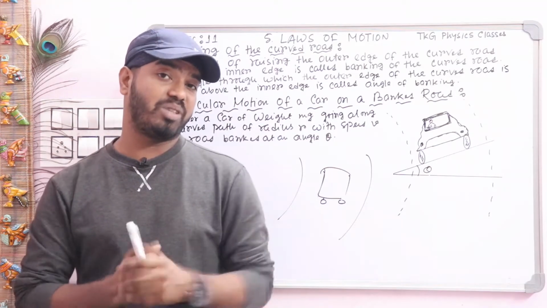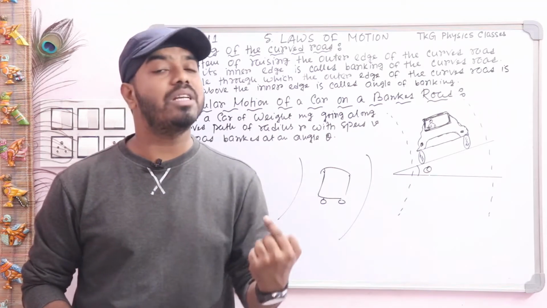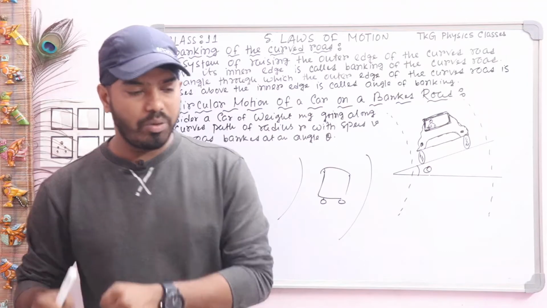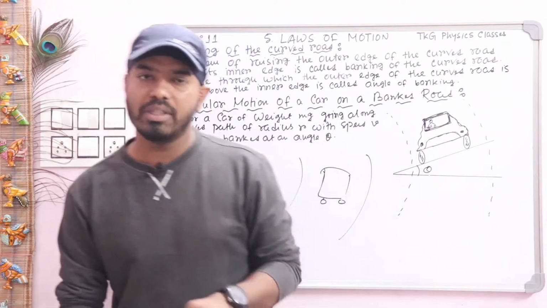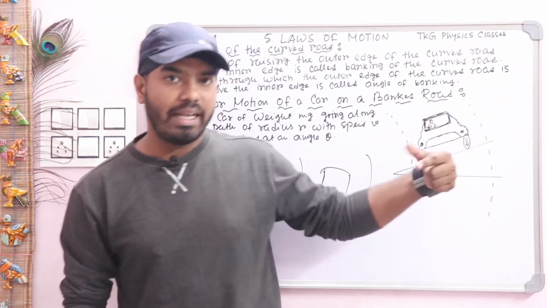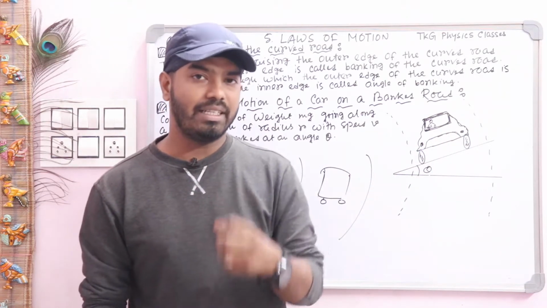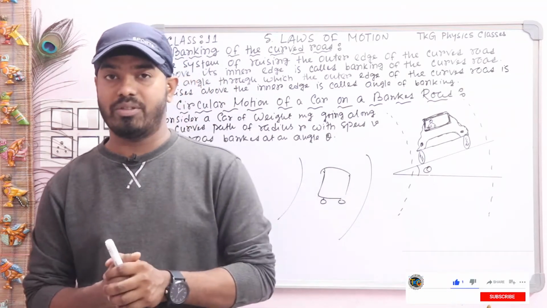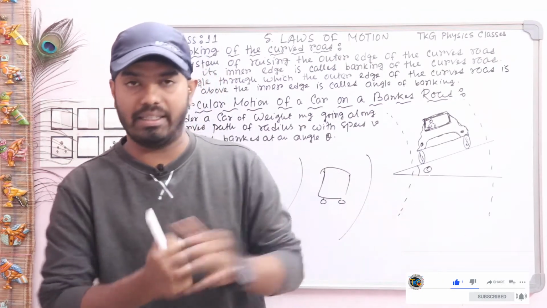But there is a negative sign, that is, it is directed outward, and the centripetal force is directed inward. So when you are going outward, there is a centrifugal force mv square by r, and in the inward direction there is a force of friction, which must be equal to this centrifugal force. For taking a safe turn, it must be equal to or greater than.